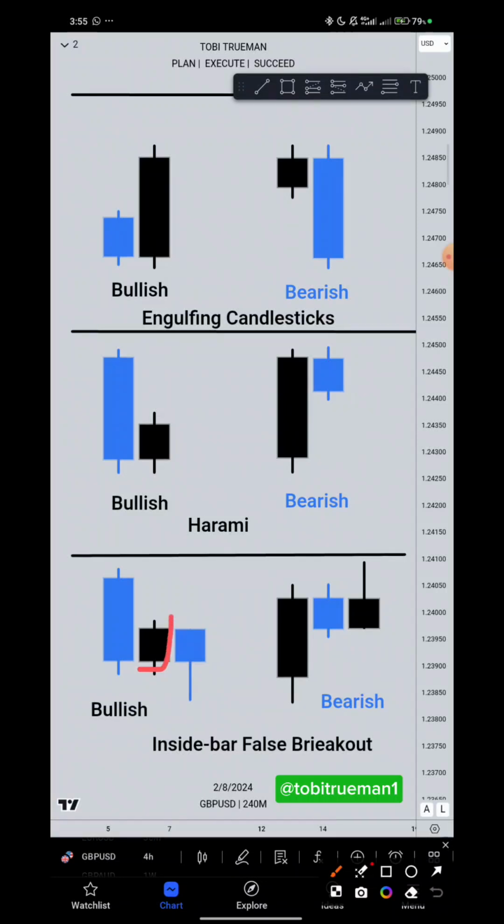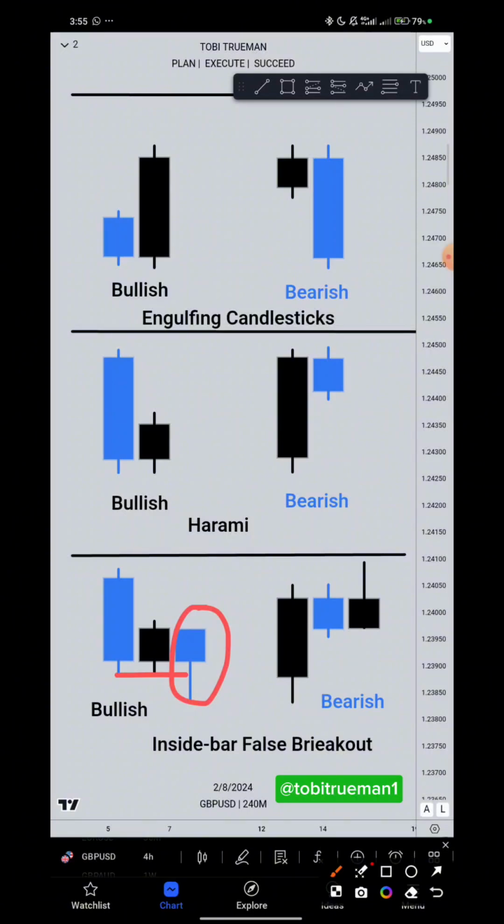This is the inside bar. Okay, an inside bar false breakout, because the breakout that is supposed to happen, if this candlestick closes below the number 1 and number 2 candlestick, that is not a bullish inside bar false breakout. But because it finally gave us a wick, and this is a hammer candlestick pattern, meaning that this is going to be bullish. This is going to be bullish inside bar false breakout.